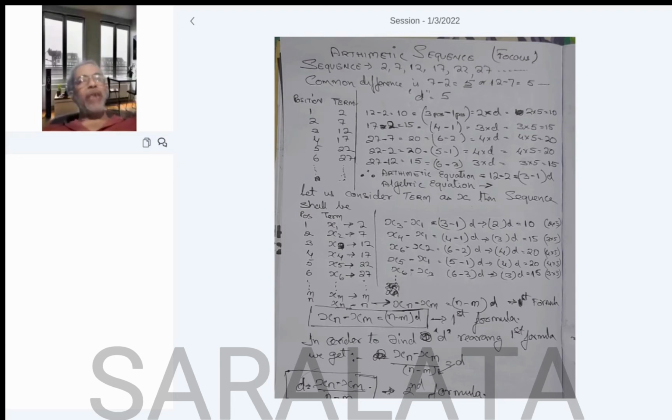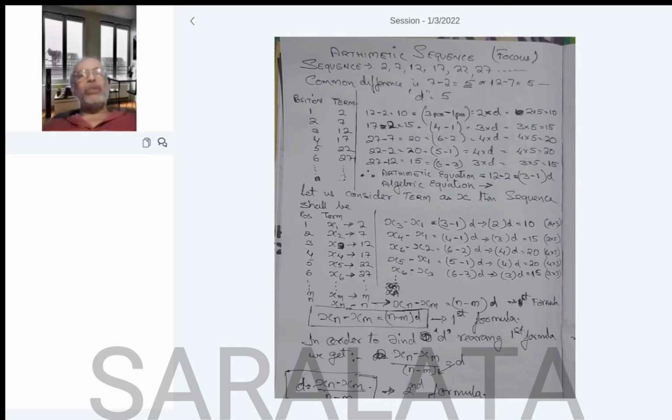Then I put n and m. So that becomes xn minus xm is equal to n minus m into D. So that's my first formula for algebraic sequences, where I don't have the values of n and m, only the positions.